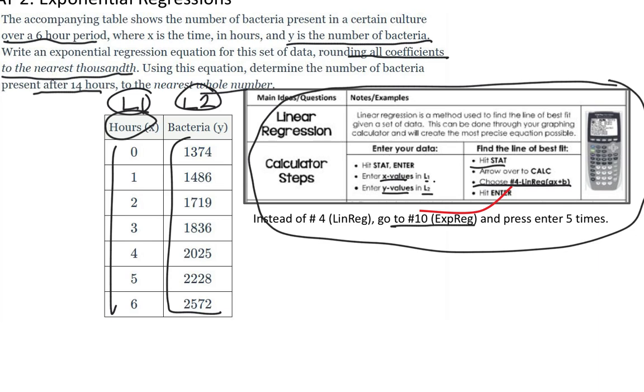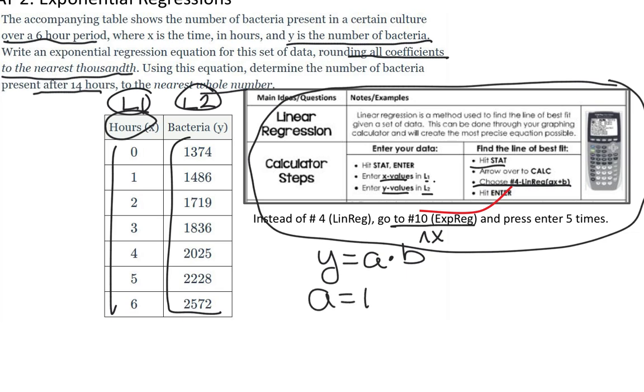Then hit stat again, and you're going to arrow to the right to where it highlights CALC, for calculate. And you're going to arrow down until you get to number 10, which is exponential regression. And you're going to hit enter 5 times. And it's going to give you y equals a times b to the x, which is our form, right?